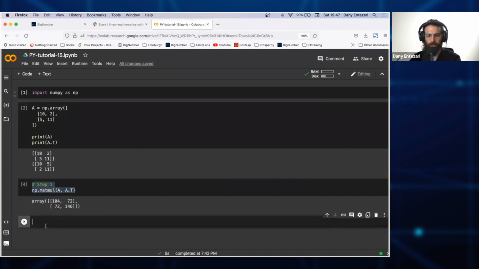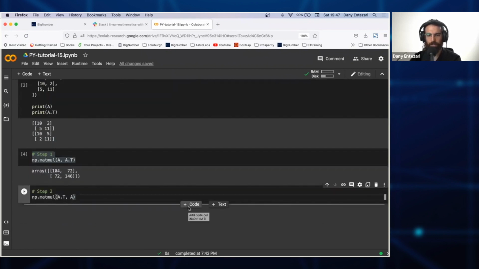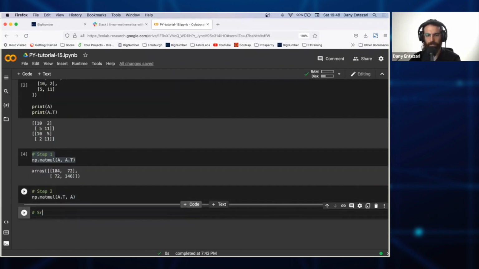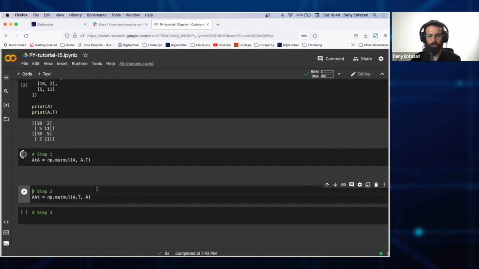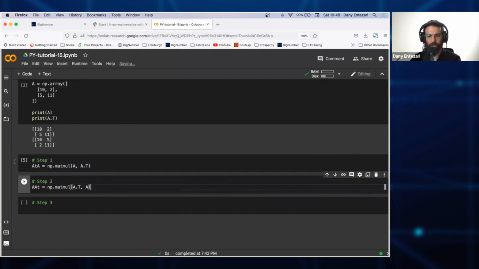Step number 2 was this. Okay. Step number 3, the eigenvalues. So I'm going to denote this as ATA and this one AAT. Run that again.